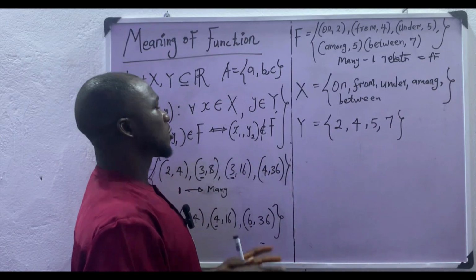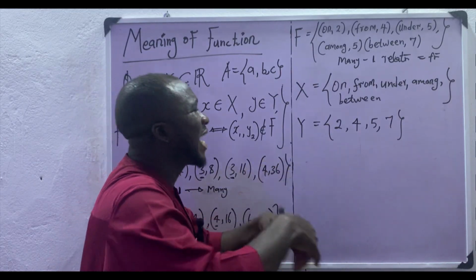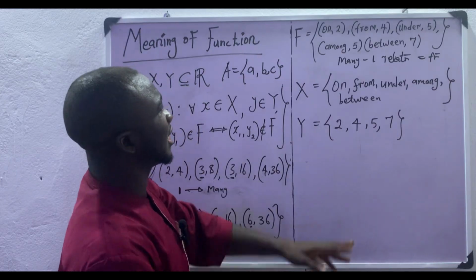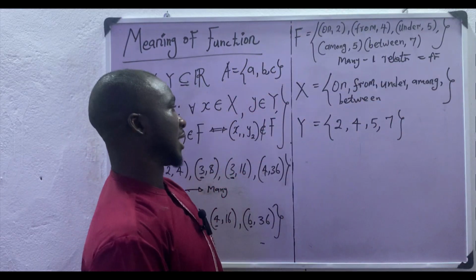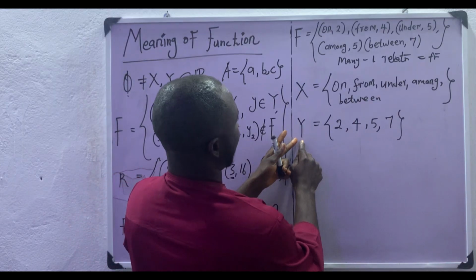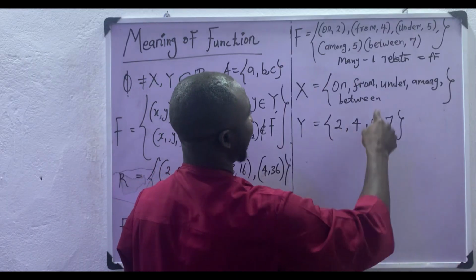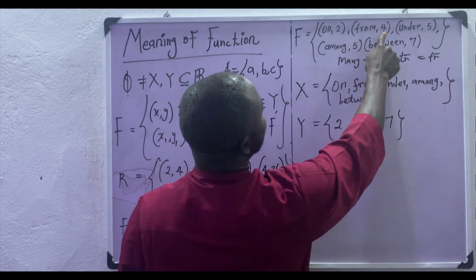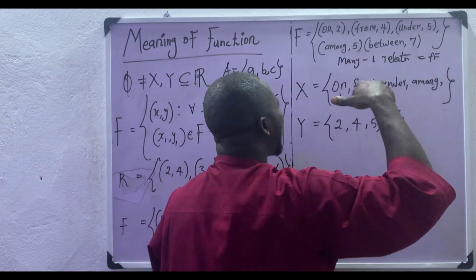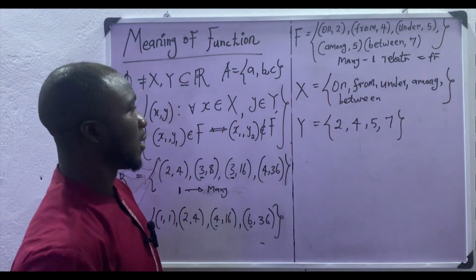And if I focus my attention on the set that contains the second entries or second coordinate of these pairs of points, then I'm referring to this set Y whose elements are 2, 4, 5, and 7, because they are the second coordinate of each of these pairs of points.